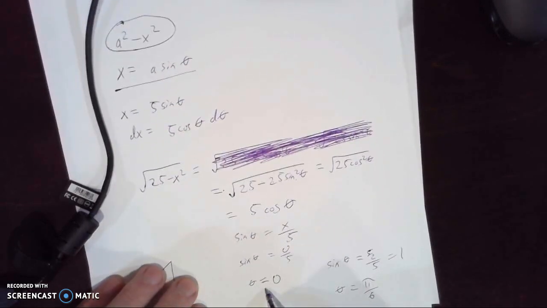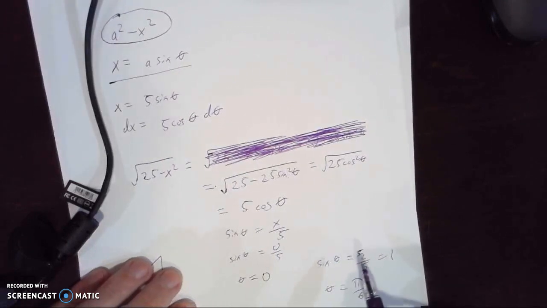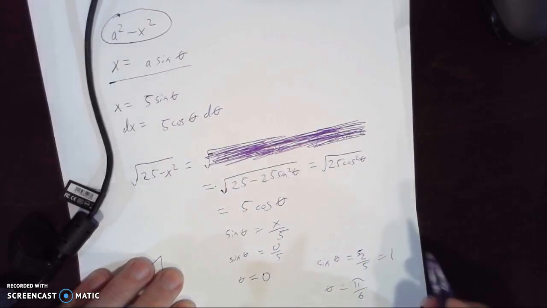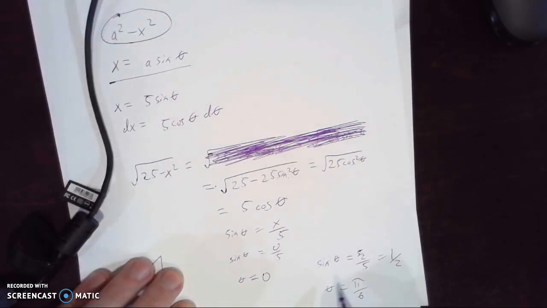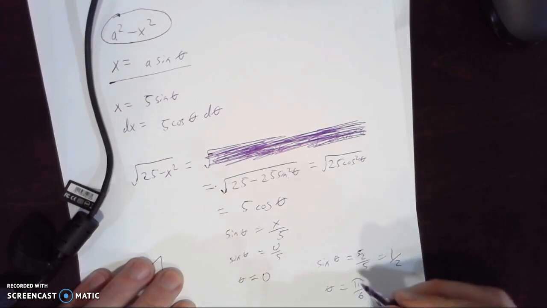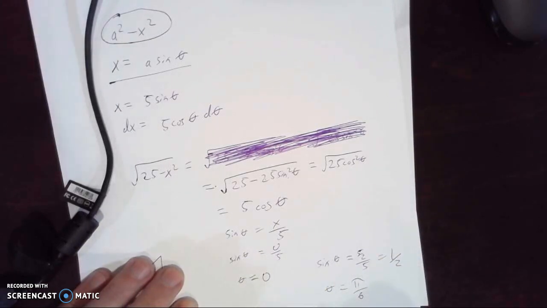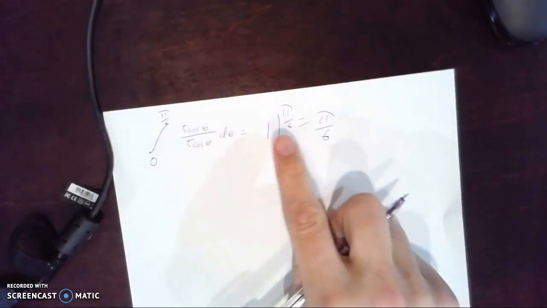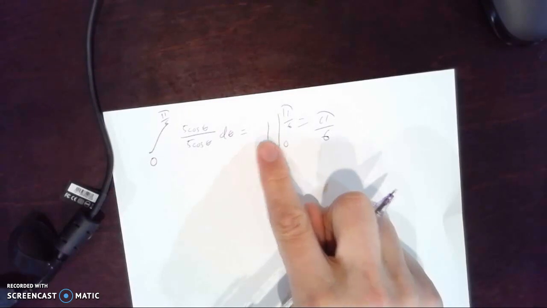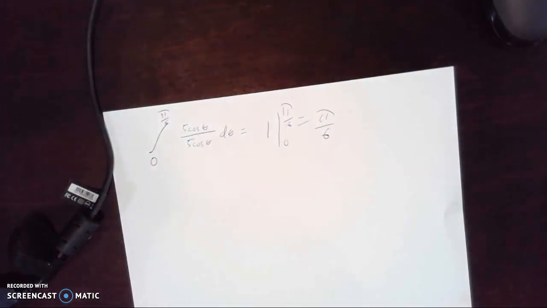Well, that's going to happen when theta is 0. And if x is 5 halves, then 5 halves over 5 is 1 half. And the sine of theta is 1 half at pi over 6. So we're going to end up integrating 0 to pi over 6, this 1, and that's where we get pi over 6.